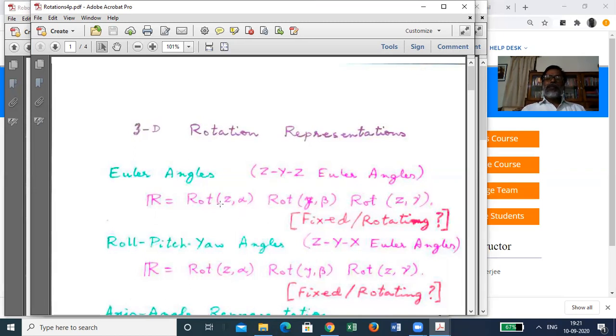Now this z rotation and this z rotation do not add up because in between this has come. Okay. And now the order I said, first this, then this, then this.